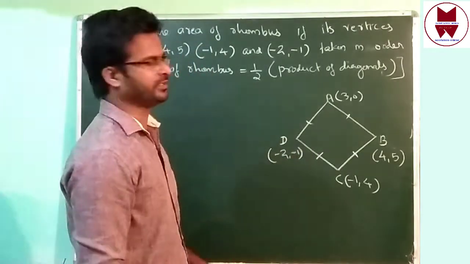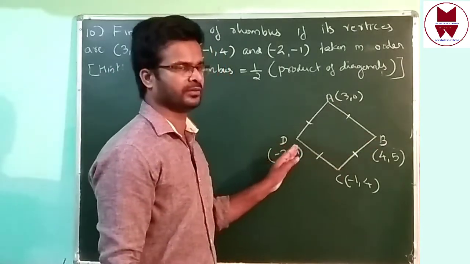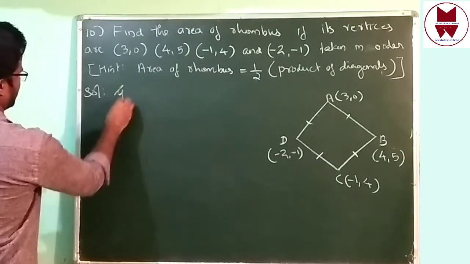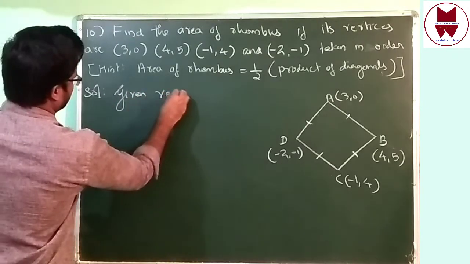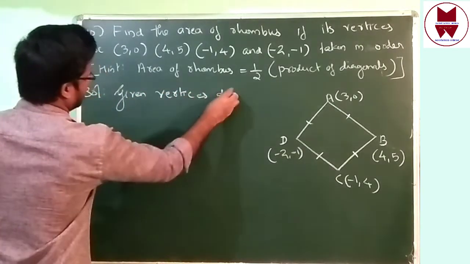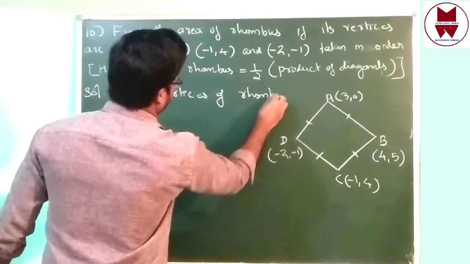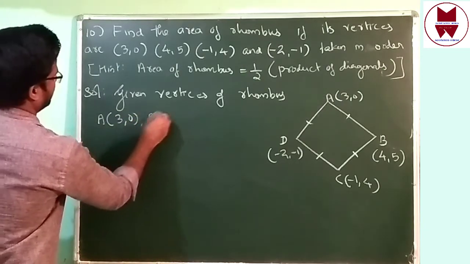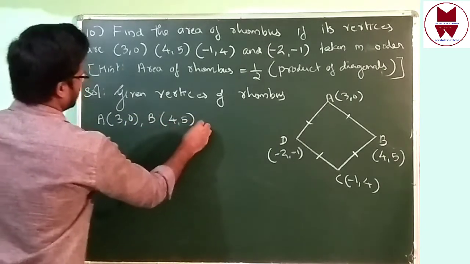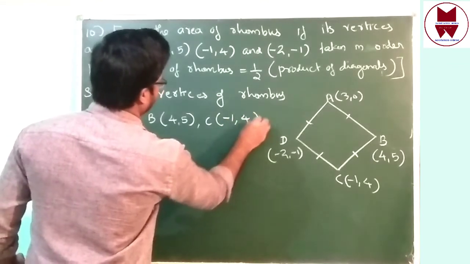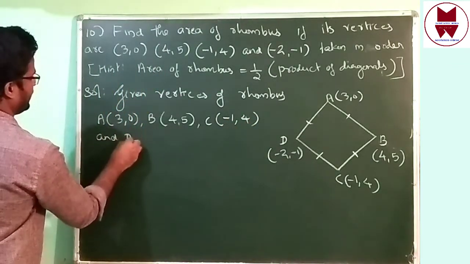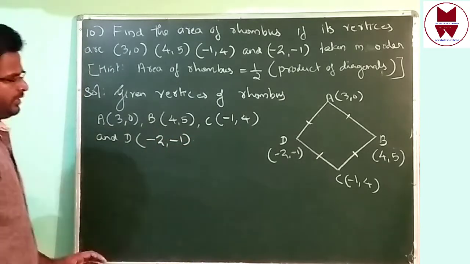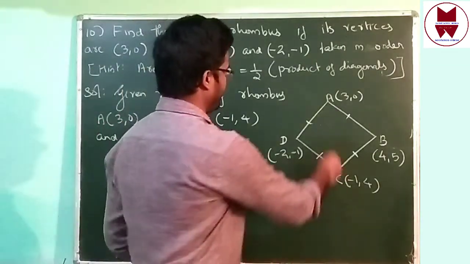We have to take the points continuously, A, B, C, D. Given vertices of a rhombus: A 3, 0, B 4, 5, C minus 1, 4 and D minus 2, minus 1. Now we have to find the length of the diagonals.